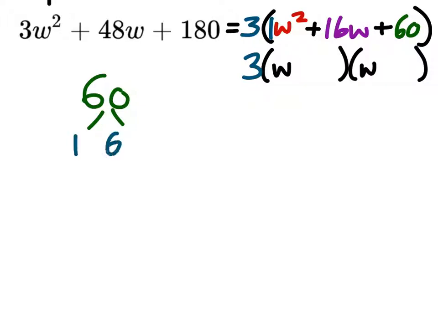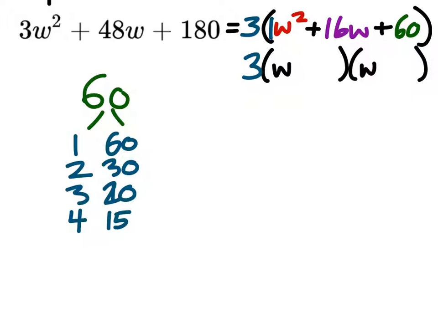1 and 60, no good. That'd be 61. 2 and 30, nope, still no good. 3 and 10, no. Did I miss something on there? Oh, that's 3 and 20. 3 and 20, nope, 23, that's no good. What about 4 and 15?